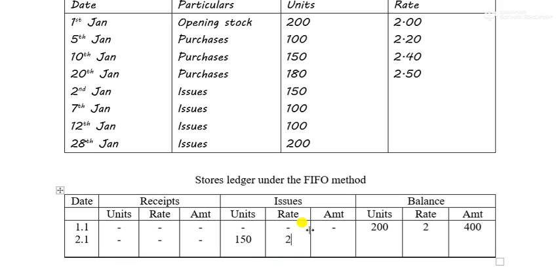So we'll just issue from the balance from this one: 150, 300, right? So now in the balance we have 50 units left, right? At the rate of rupees 200.